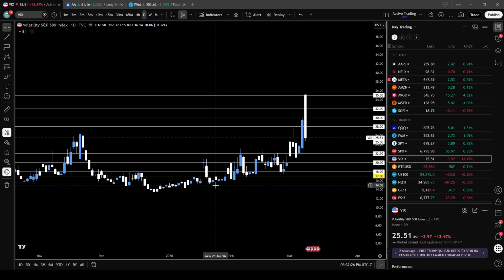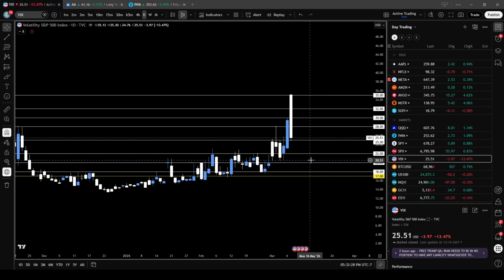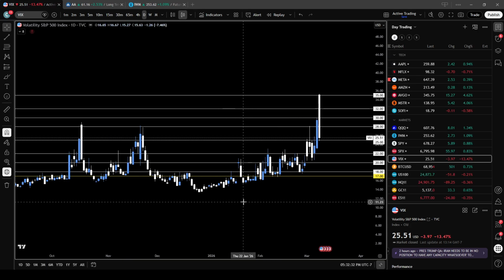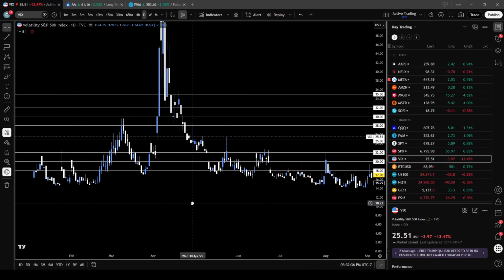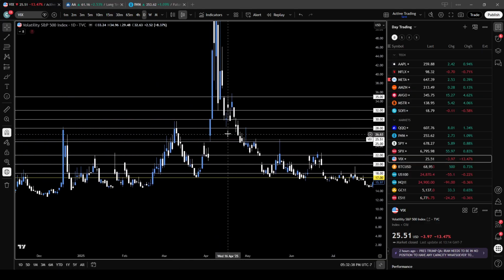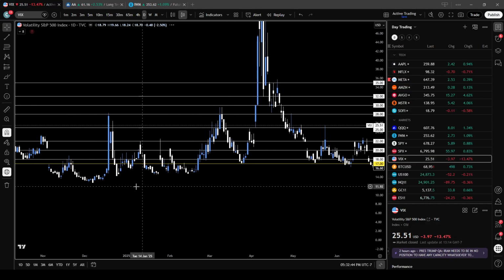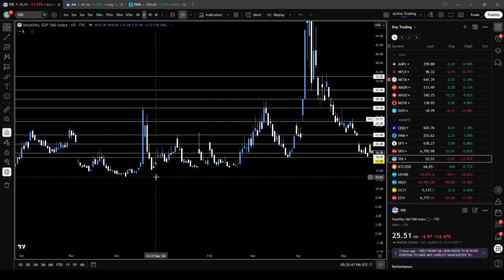But yeah, if you look at 17, 18, 20, 22, 25, 28, 30, 32, and 35, all of these are very, very important spots on VIX. And if you look at the indexes on these days where it's breaking through key levels, you'll see what the market does.